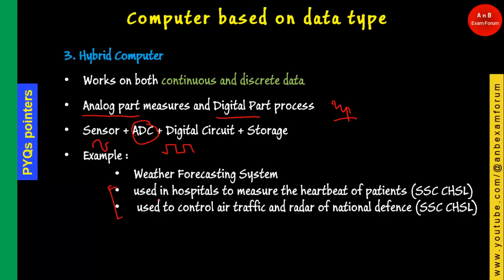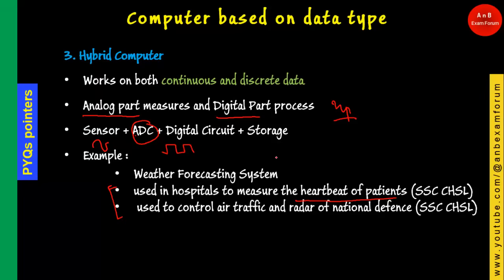These hybrid computers are used in hospitals to measure the heartbeat of a patient. You can relate to that, as my heartbeat is in continuous form. It has sensors which convert the heartbeat into digital form for the digital circuit, and it is going to be stored on the machine.